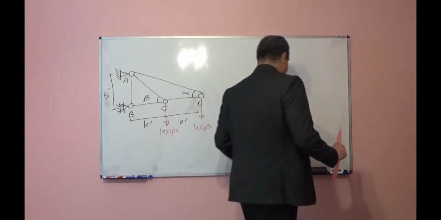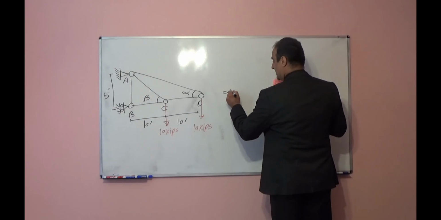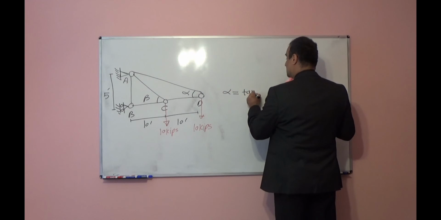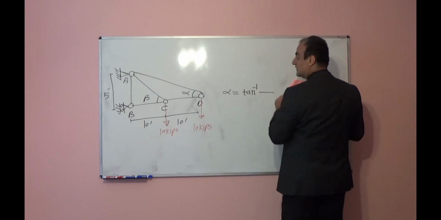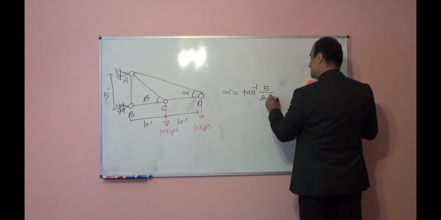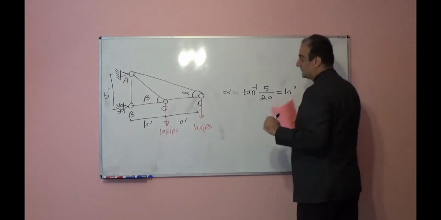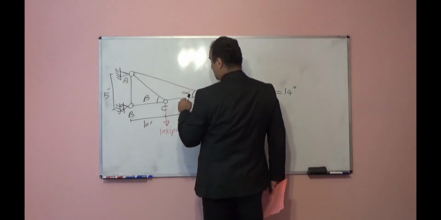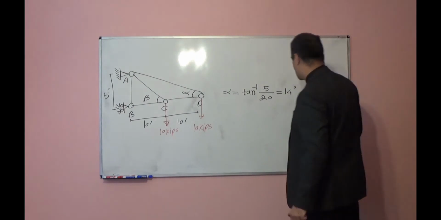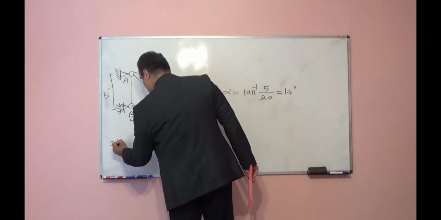First step, let's find alpha and beta. Angle alpha will be equal to the inverse tangent of 5 over 20. That will be equal to 14 degrees roughly. Tangent alpha is equal to 5 over 20, so alpha will be equal to 14 degrees, I'm writing here.